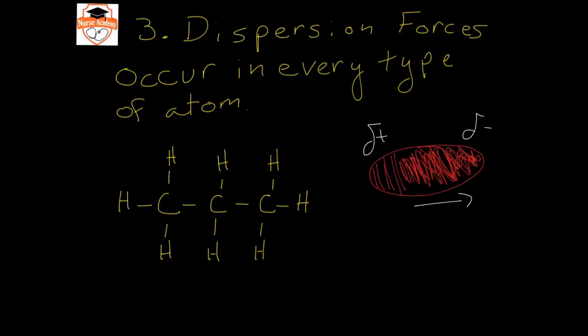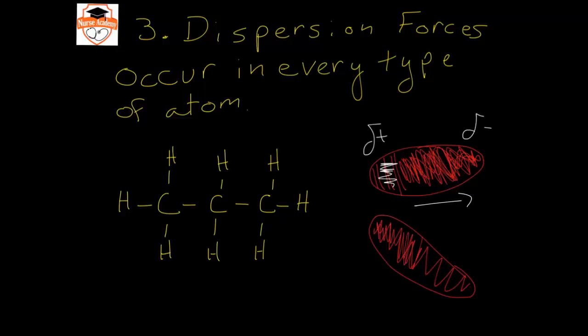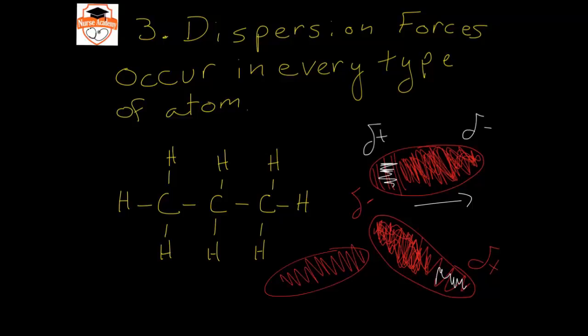Now, what happens is when the next door molecule comes by and it was evenly distributed, but then suddenly it sees this positive charge, the electrons will move towards that positive charge because they're attracted to it. They'll leave kind of a hole on this other side. And then what we've done is we've created a partial negative charge on this side and a partial positive charge on this side. When the next door molecule sees it, its electrons, which were evenly distributed, notice the negative charge over here.